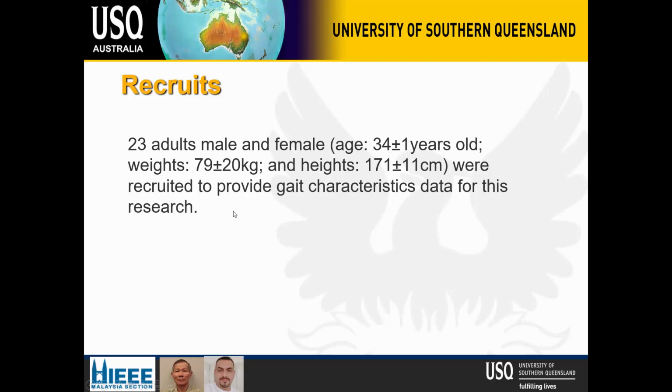The recruits for this study were 23 adults, male and female, aged 34 plus or minus 1 year, weight 79 plus or minus 20 kilograms, and height 171 plus or minus 11 centimeters, recruited to provide gait characteristics data for this research.